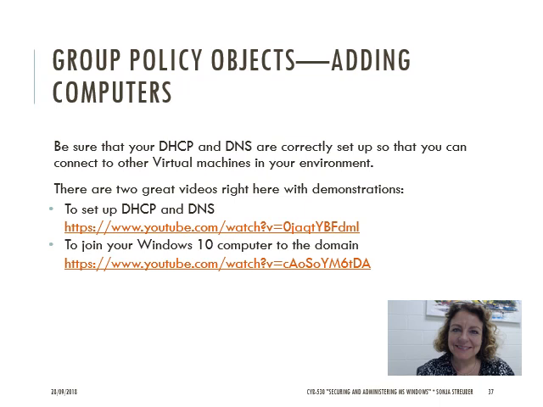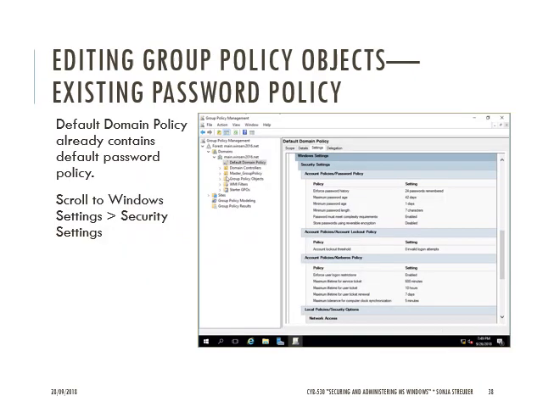There are 2 great videos that show you exactly how to do that, and these are listed right here and on YouTube. So now that we have our users and we have our computers, theoretically, we are ready to configure group policies.